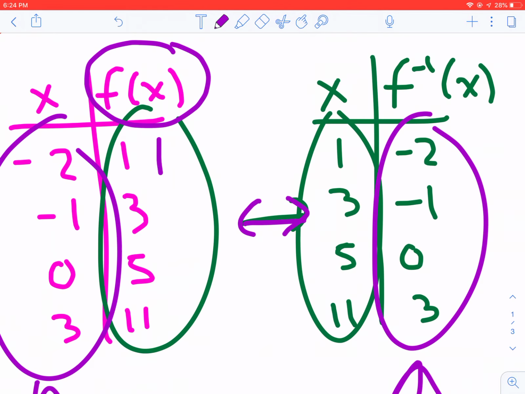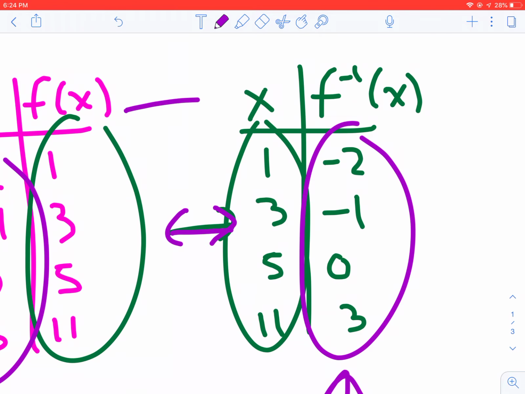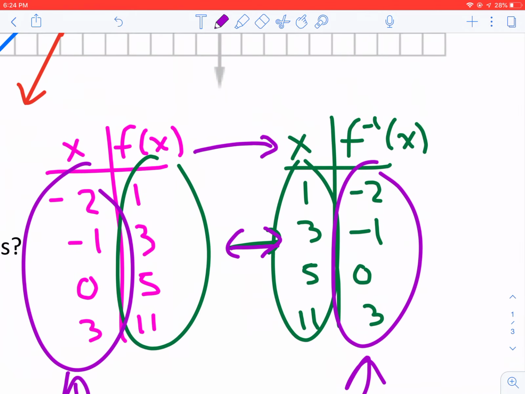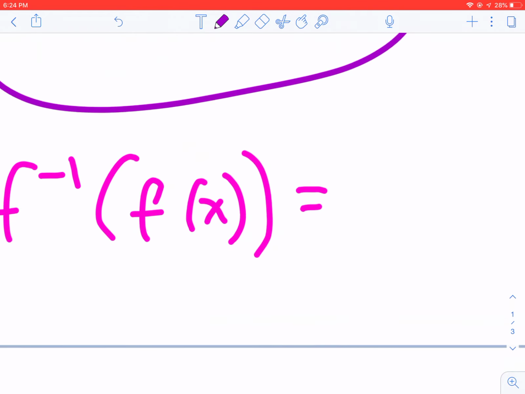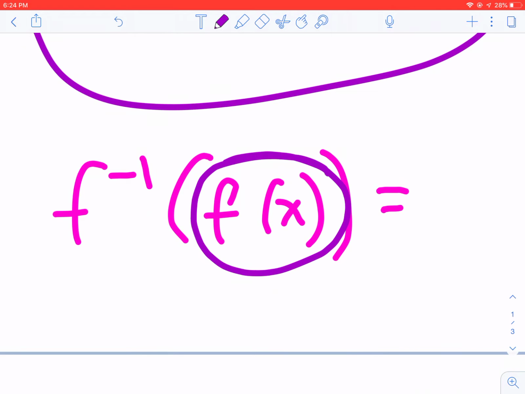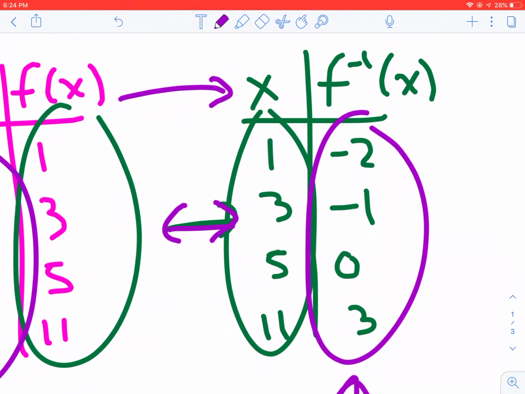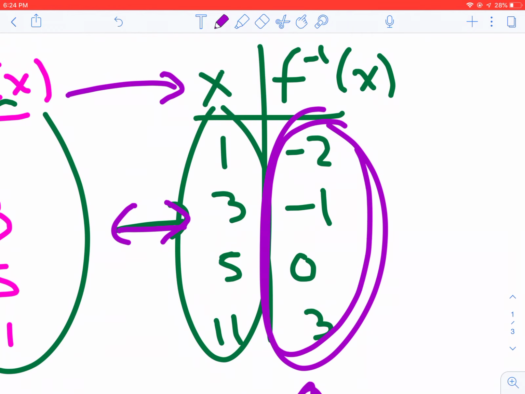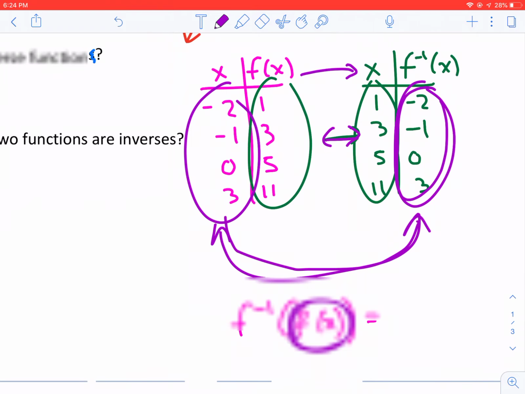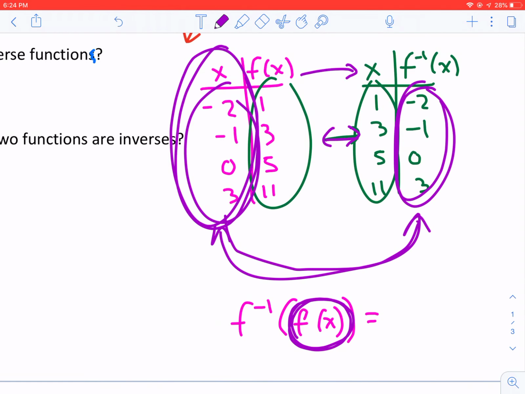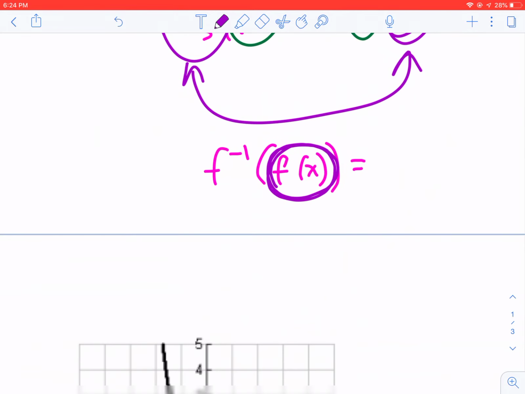These f of x values. Well, these f of x values have now become the inputs to my inverse function. So that's what I'm showing here. When I take the original function and I input it into the inverse function, well, what do I get out? I get out something that looks like the original inputs. So that's going to equal x.